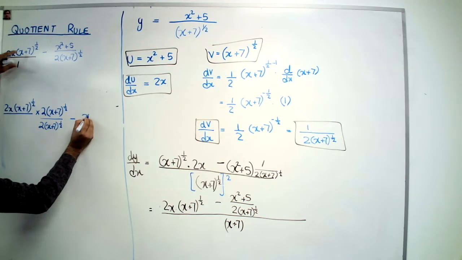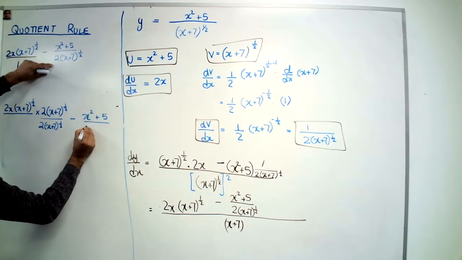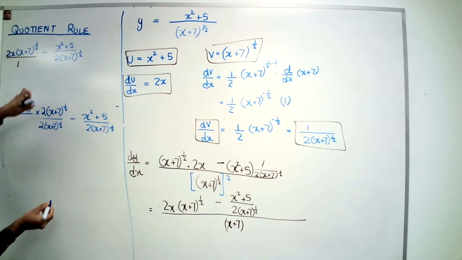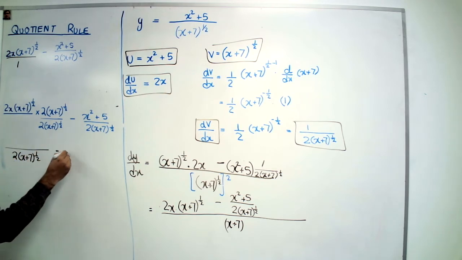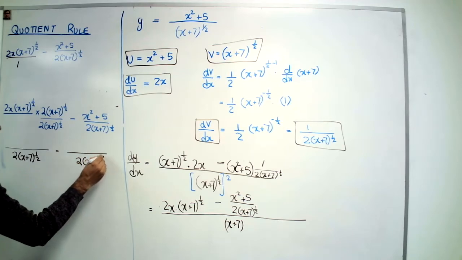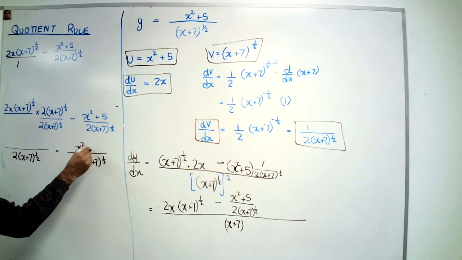Minus, that remains as it is. Now if I simplify just that bit, at the bottom it's 2(x + 7)^(1/2) minus 2(x + 7)^(1/2), and that top is the same, x² + 5.